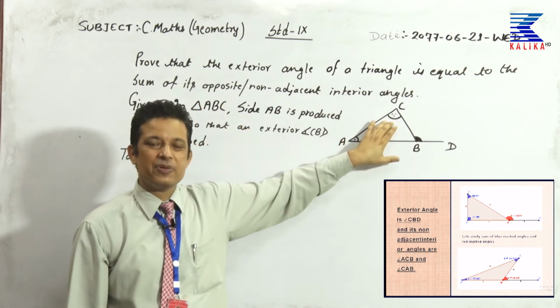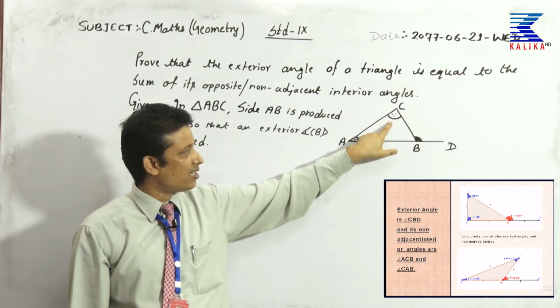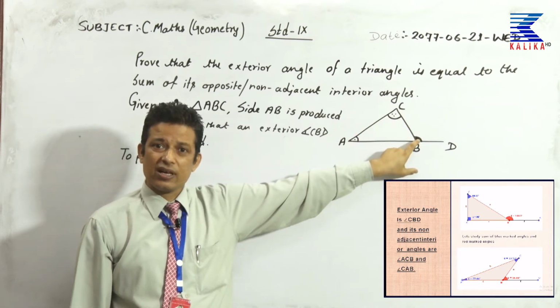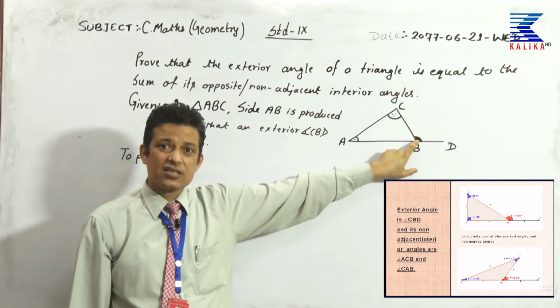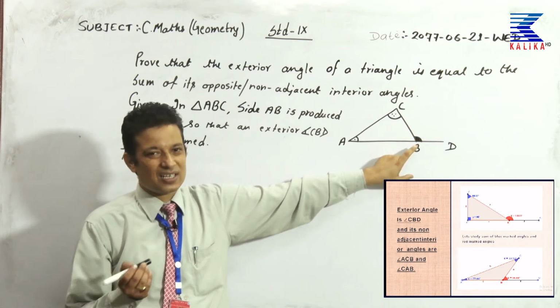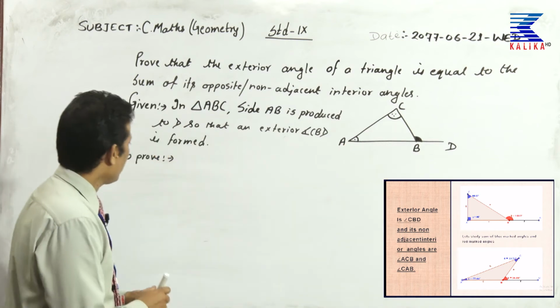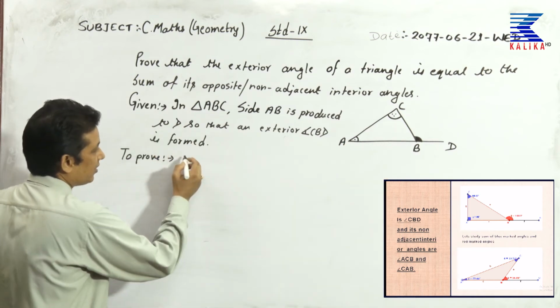Obviously, in triangle ABC, there are three interior angles, angle A, angle B, angle C, and this one I have shaded black. This is the exterior angle formed when we produced side AB up to D. Now, what is to be proved here?